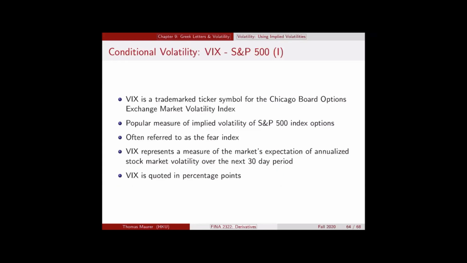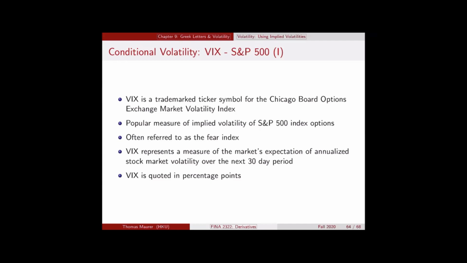Another important thing which people use a lot is the VIX. The VIX is a measure of risk in the market, and in particular it measures the conditional volatility of the S&P 500. The VIX is published by the Chicago Board Options Exchange, and so you can observe that directly in the market, and there are actually also derivatives written on the VIX, so you can actually trade that volatility measure.